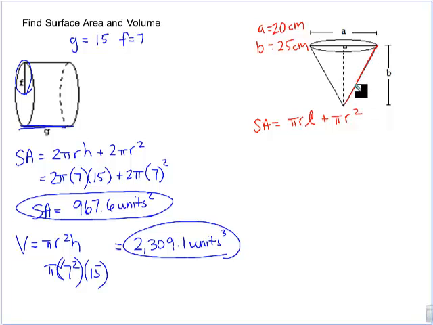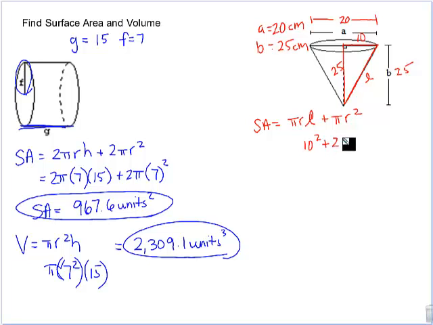So here's our slant height, and we can draw this right triangle in. Well, B here is 25, so the height of that is 25. The total distance for A is 20, so that side would have to be 10. So to find the slant height, we can just do the Pythagorean theorem.